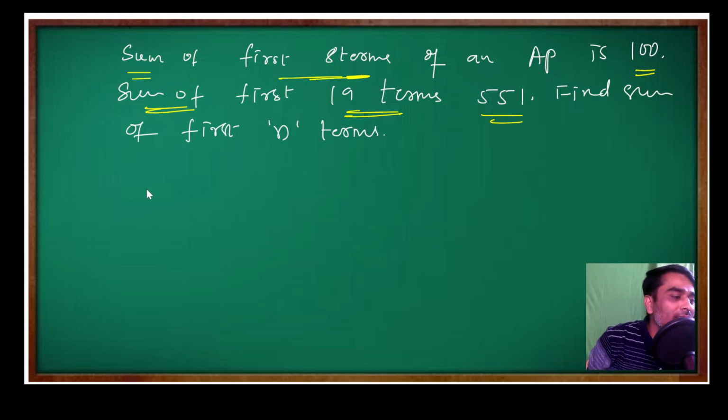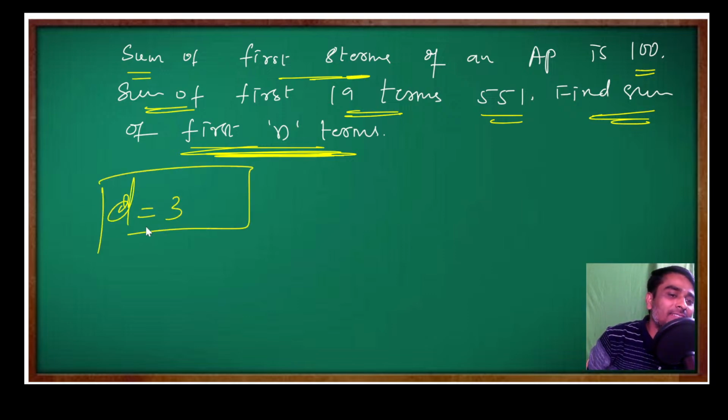Harsha, d equal to 3. Correct. Find sum of first n terms. Still the question is there. First you should find out d, which will get 3.